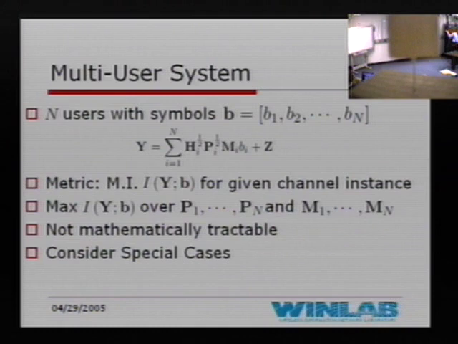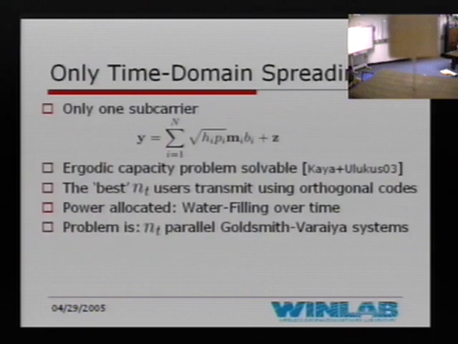So what we do is consider some special cases of this general problem and see what insights we can have. The first case is when we consider only time domain spreading, that is, only one subcarrier and spreading along time. This problem has already been addressed in the literature, and the solution is given in this paper.